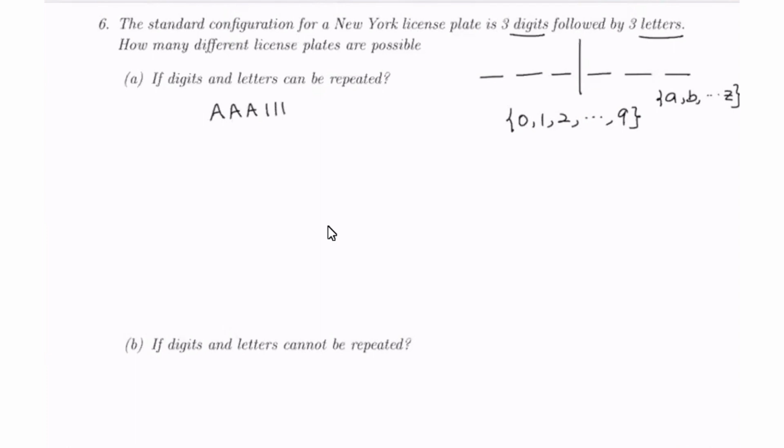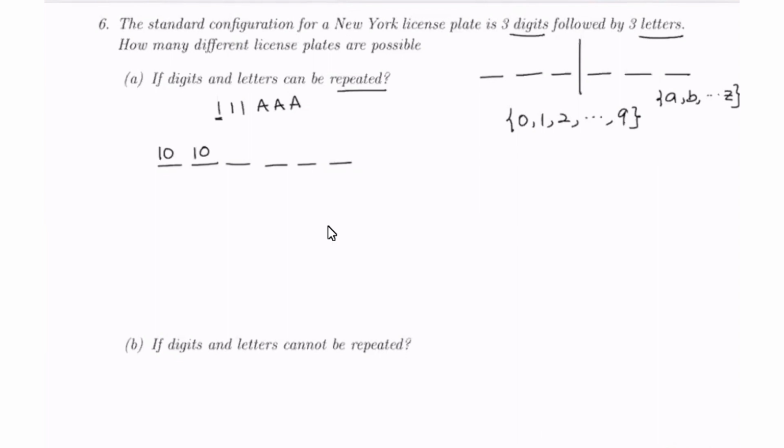If digits and letters can be repeated, I can say 1, 1, 1, A. For the digits, the first one, I have 10 choices.